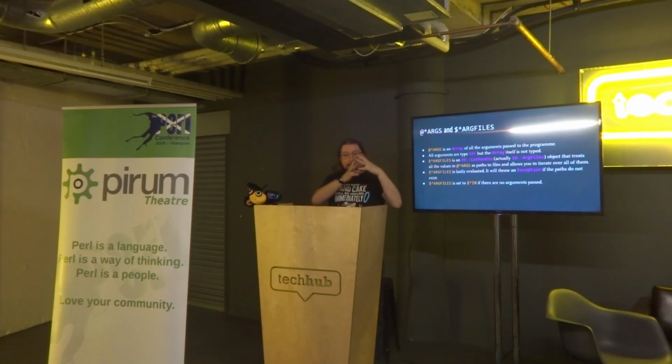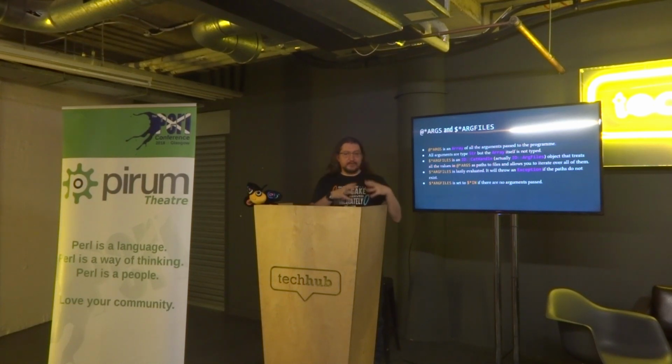So it will basically just slurp every single one of the files that you pass to it in one go. So when you call your command line script, all of your arguments are passed to $*ARGFILES, which if you then call it, will then try and read them as files.